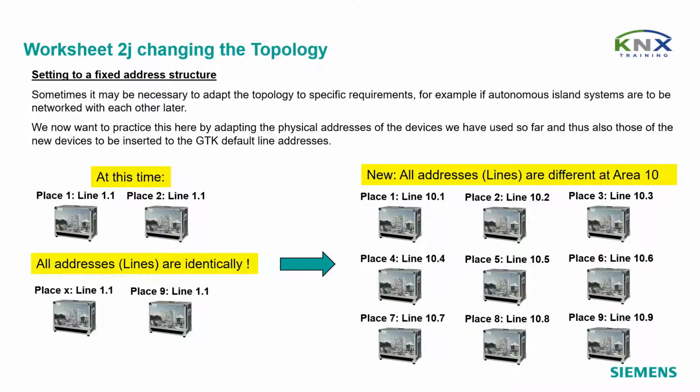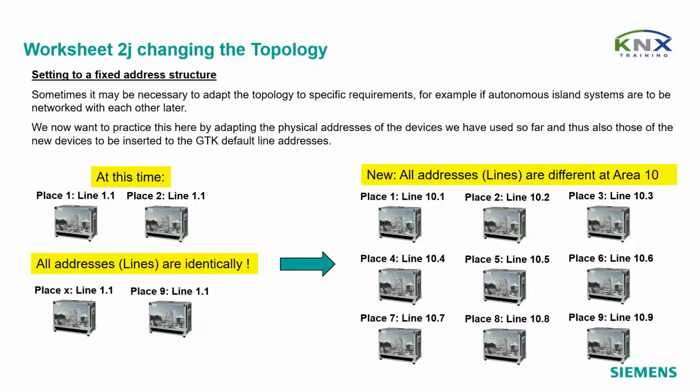Changing the topology. Setting it to a fixed address structure. Sometimes it may be necessary to adapt the topology to specific requirements, for example, if autonomous island systems are to be networked with each other later.